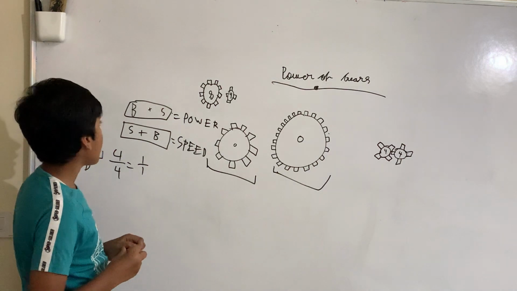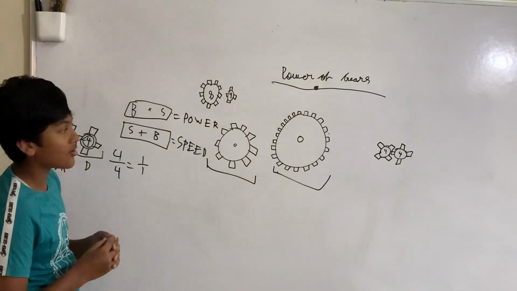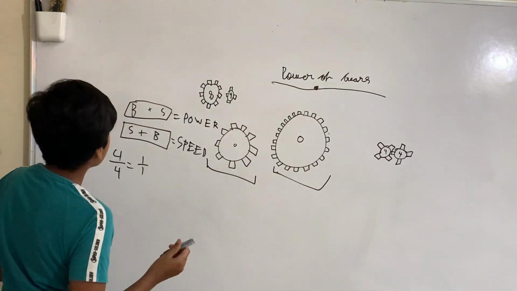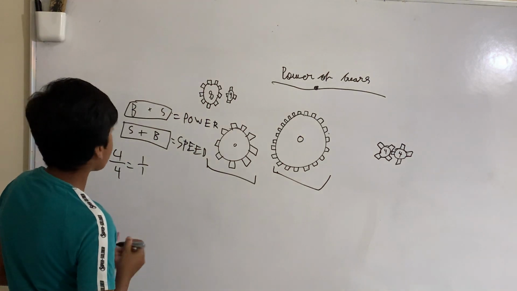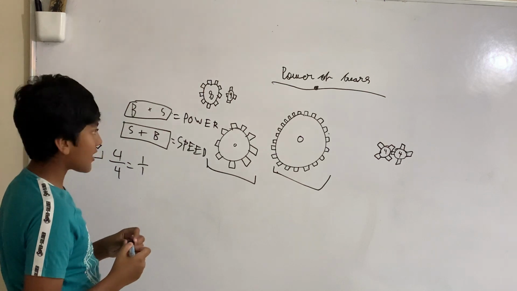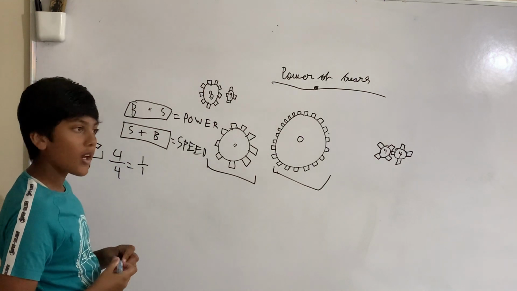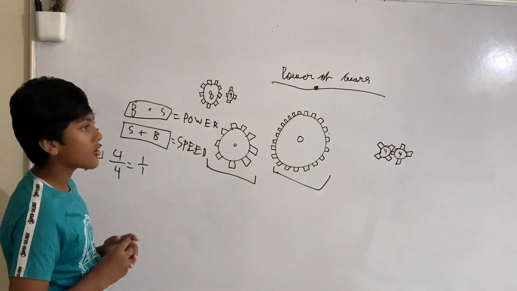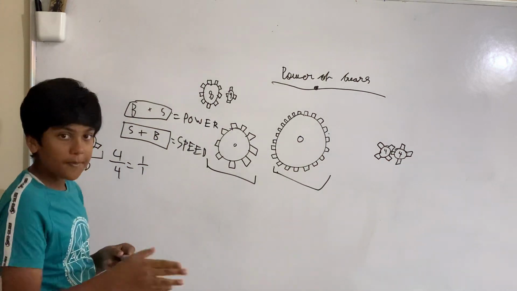Okay? And now, let's say we change the game. B here represents big, and this represents small. Let's say we have a bicycle. So now we're talking about the types of gears.